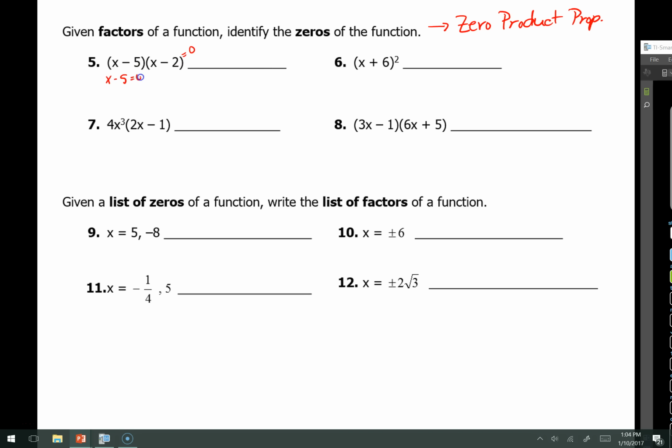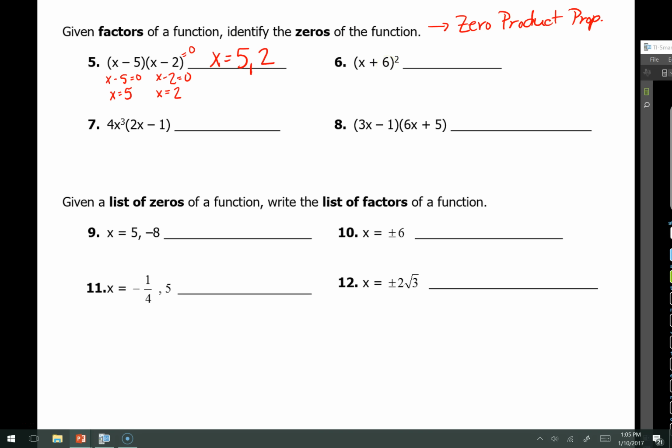X minus 5 is equal to 0 and x minus 2 is equal to 0 according to the zero product property. That means that x is equal to 5 when I add 5 to both sides, and x is equal to 2 when I add 2 to both sides. So the zeros of the function are that x is equal to 5 and 2.